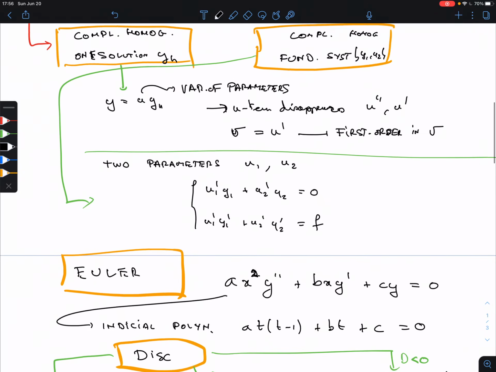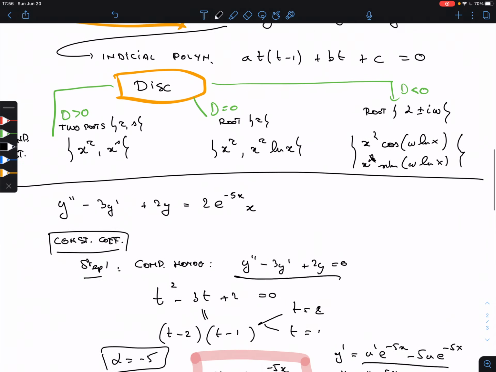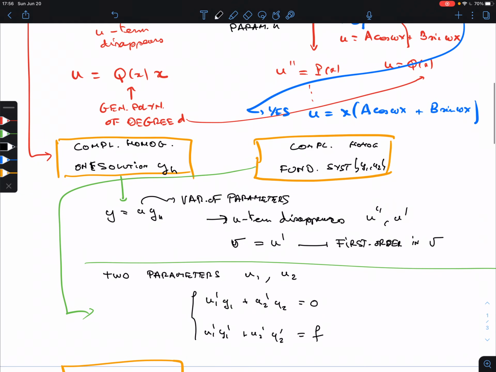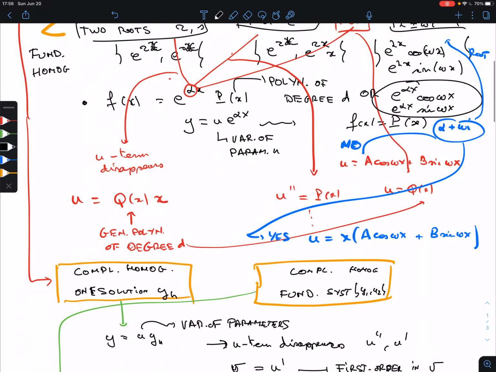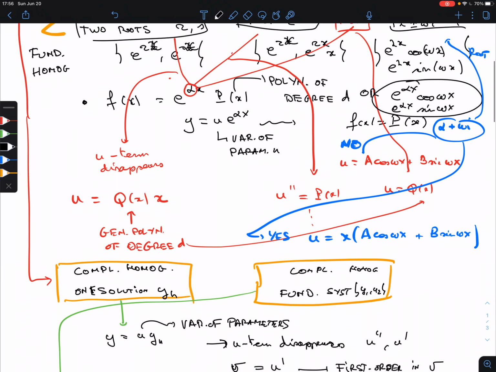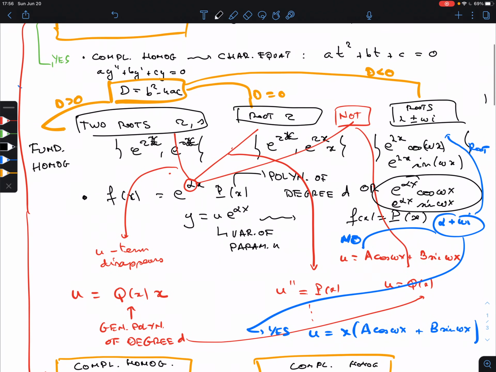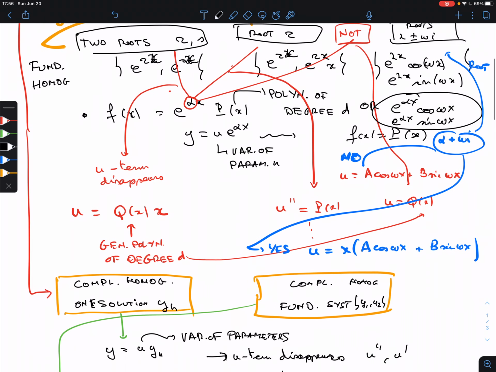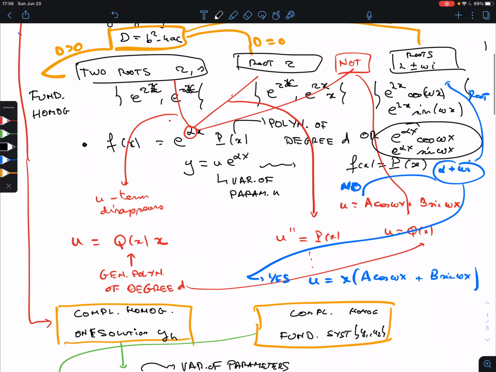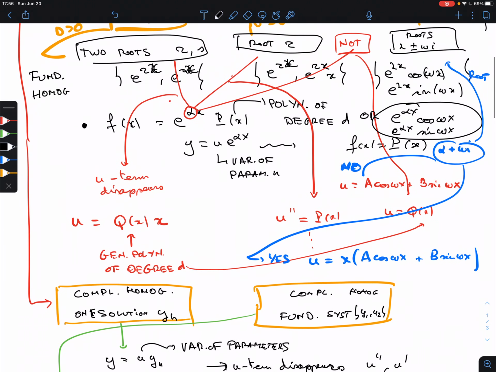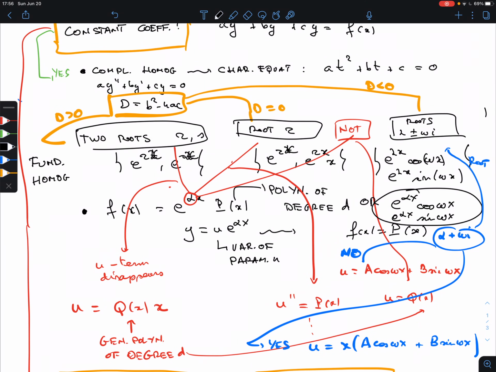What do we do then? Now, look. Don't do too many things. So what we now do is we look for a particular solution. Perhaps I didn't say this, but I hope you know what to do. We look for the complementary homogeneous, and then we look for a particular solution, and then we put them together. The general solution is the particular plus the general homogeneous.